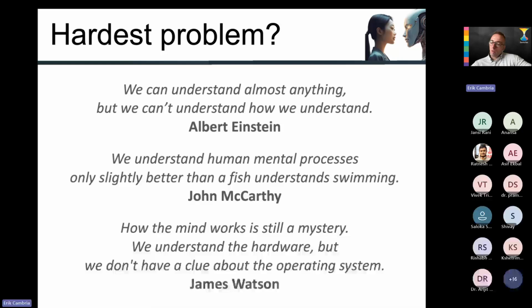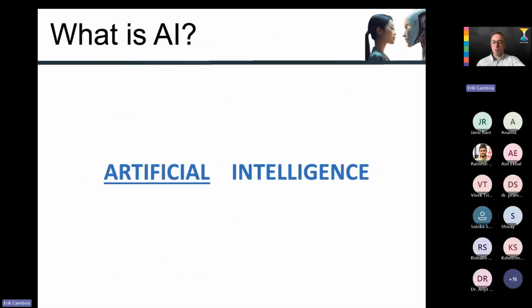So until we understand how the human brain really works with the help of other disciplines, it will be difficult to truly replicate intelligence in a machine. Even the word artificial is a bit tricky because initially artificial intelligence was born as a field to truly understand intelligence and replicate it.